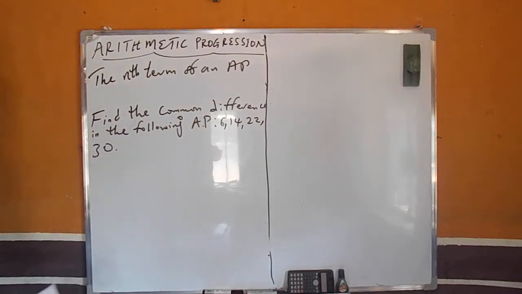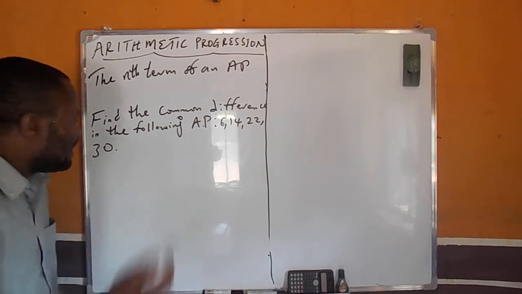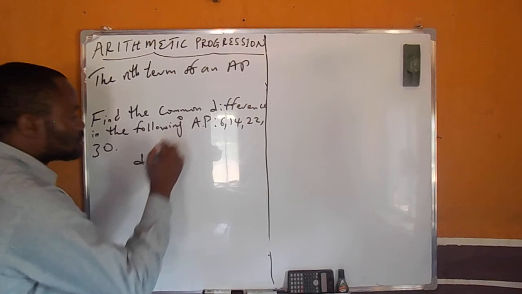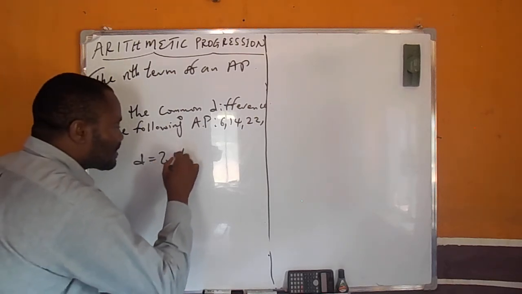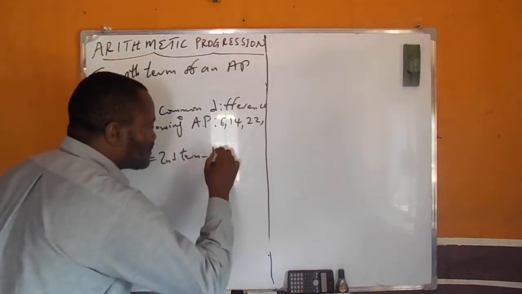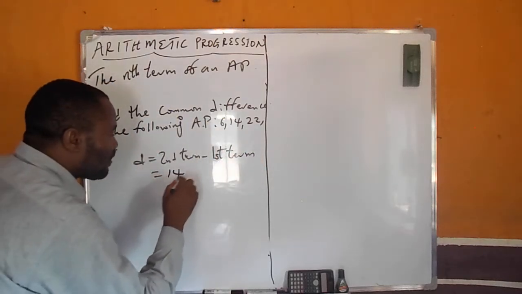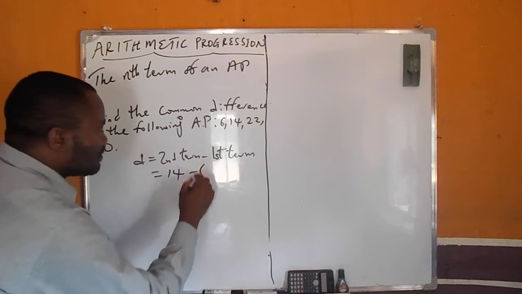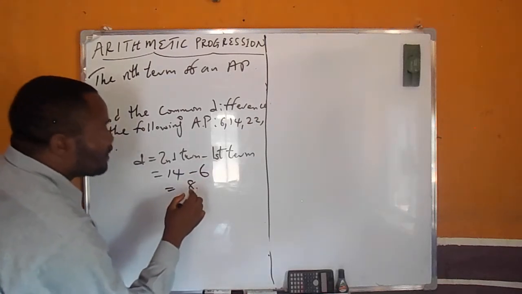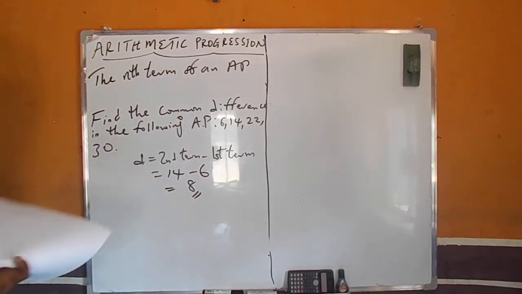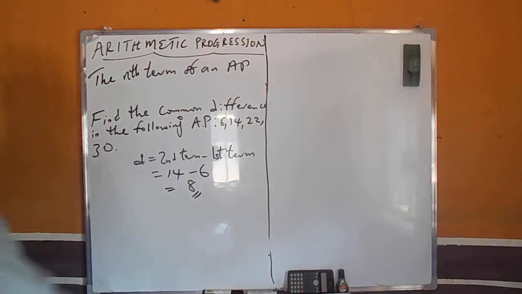How do we get the common difference here? We know that the common difference, which is D, equals second term minus first term, which equals 14 minus 6, which equals 8.